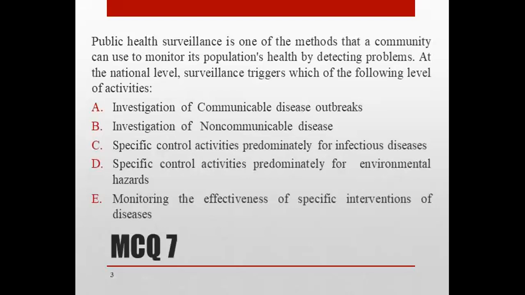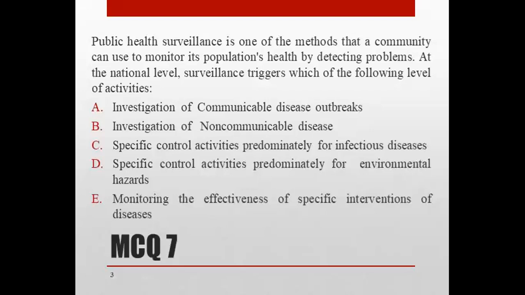MCQ 7. Public health surveillance is one of the methods that a community can use to monitor its population health by detecting problems. At the national level, surveillance triggers which of the following levels of activities: alpha, investigation of communicable disease outbreak; beta, investigation of non-communicable disease outbreak; C, specific control activities predominantly for infectious disease; delta, specific control activities predominantly for environmental hazards; E, monitoring the effectiveness of specific intervention of disease.